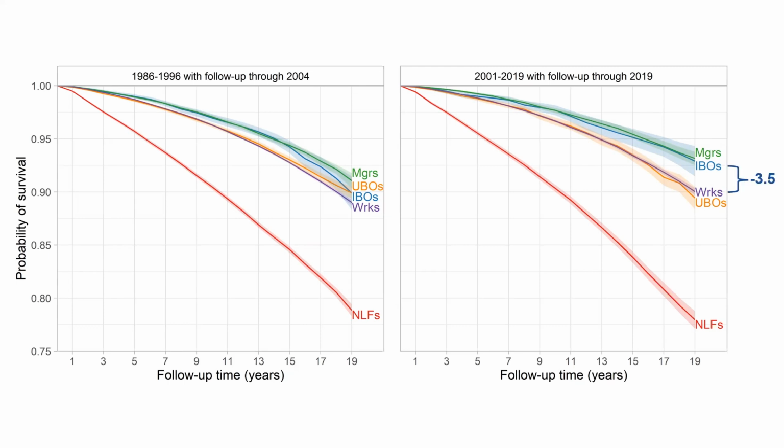However, in the later period, workers had an over 3 per 100 greater mortality rate than IBOs, indicating a tripling of the mortality inequity over time, driven by dramatic mortality rate decreases among IBOs and their managerial counterparts, and stagnant or increasing mortality rates among workers and UBOs.